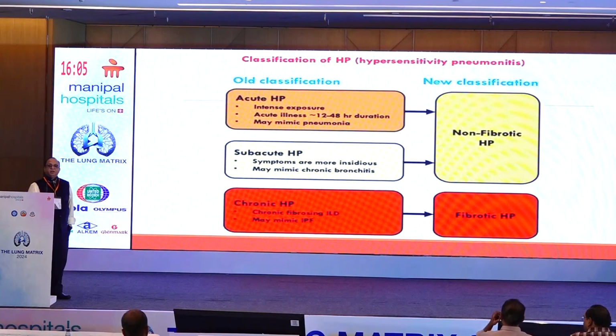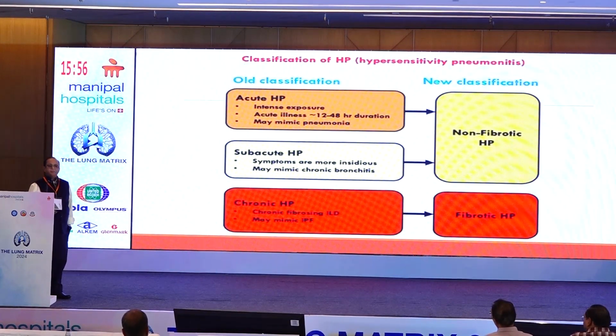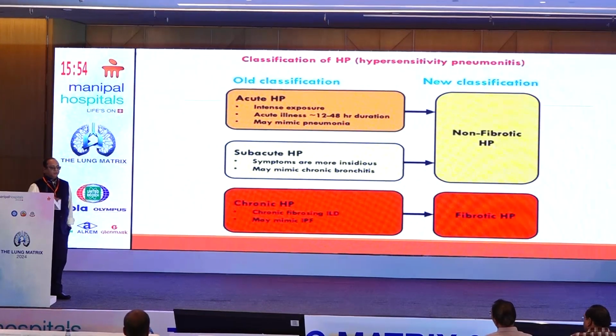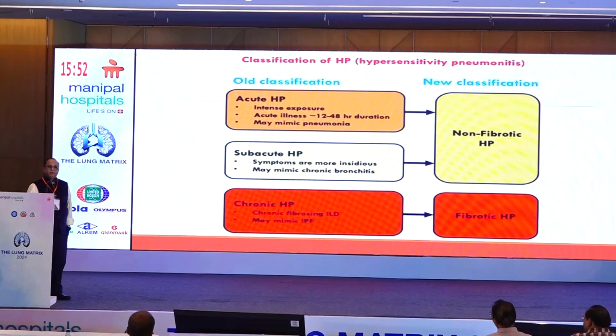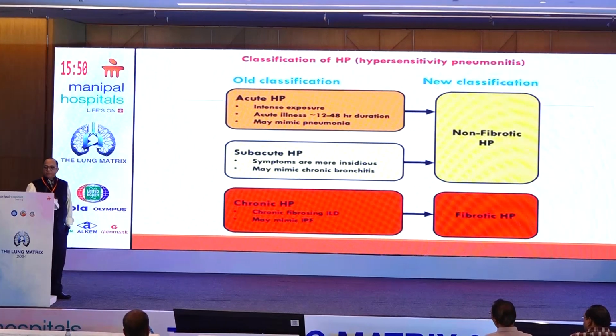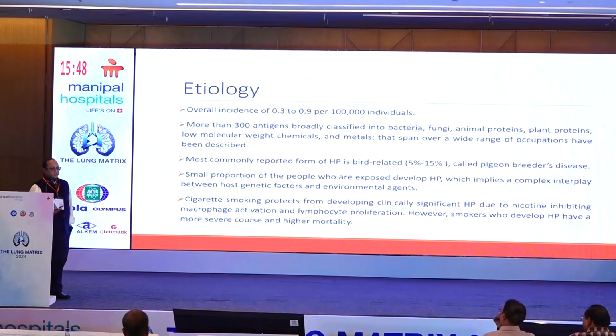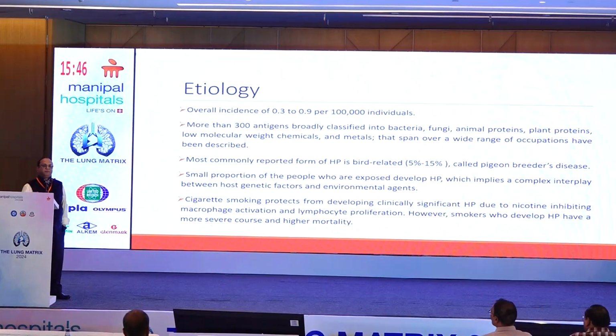If there is less fibrosis and more cellular inflammation, which is seen as GGO, which we will discuss later, then it will be non-fibrotic HP. Radiologically, it is very simple to remember that the opacities are distributed more in the apex, with some clearing in the base.